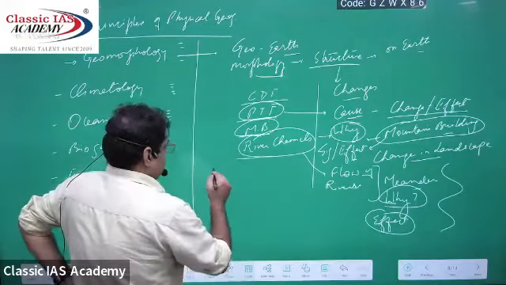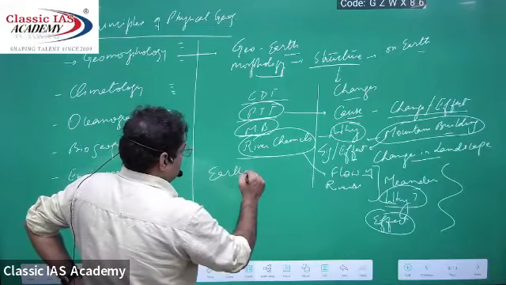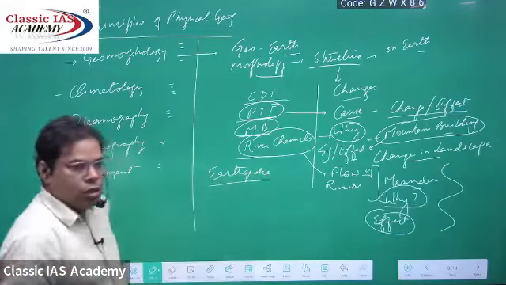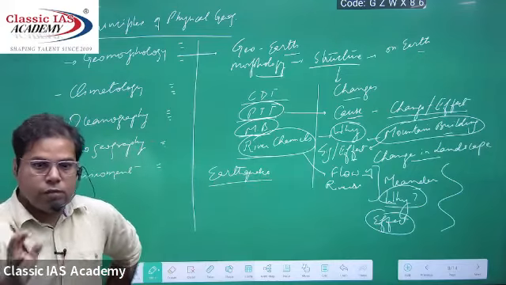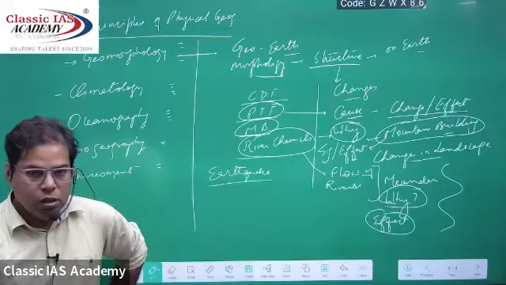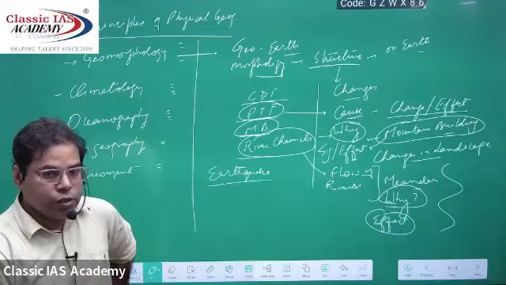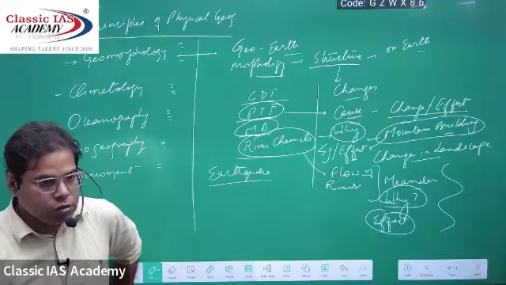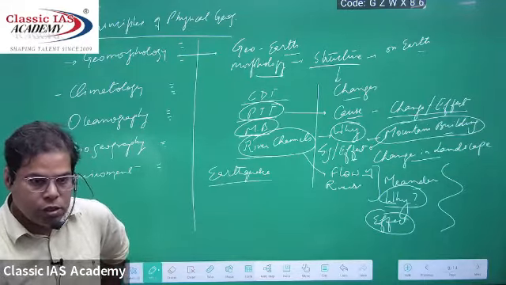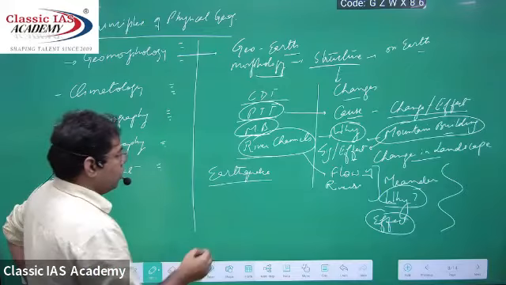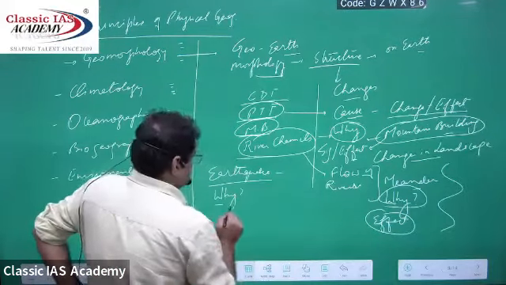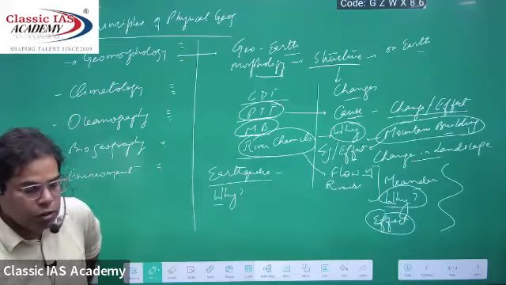Then after that there is the earthquake. Does an earthquake occur everywhere in the world? No. Some areas have frequent earthquakes, some areas have no earthquake. This is on the basis of geology or rock formation. So then we are studying why earthquake, what are the causes of earthquake, what are the significance or the effects of the earthquake.